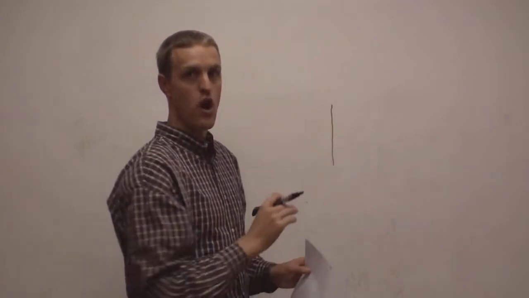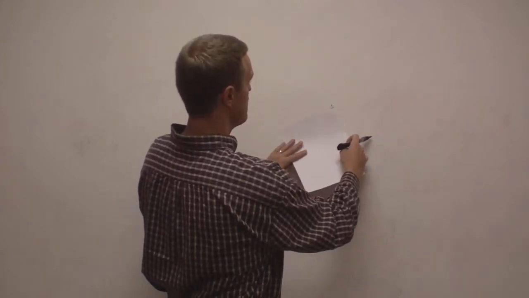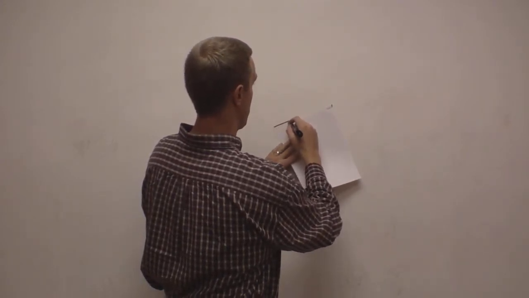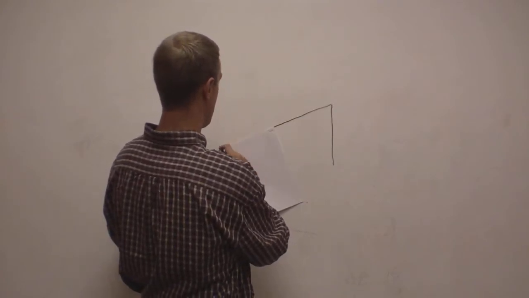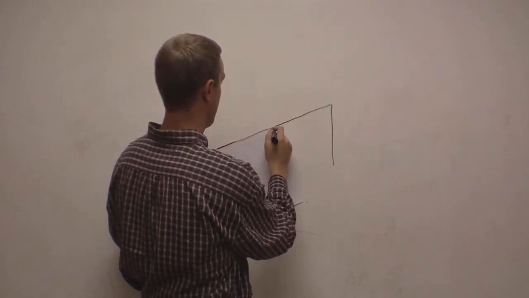Now the problem says that the diagonal of this garden is twice as long as the shorter side. So what I'm going to do is, rather than arbitrarily drawing it, let's actually make sure the diagonal is twice as long. So there's one, but now we got to do a second one. Right? And you can obviously do that however you would want.